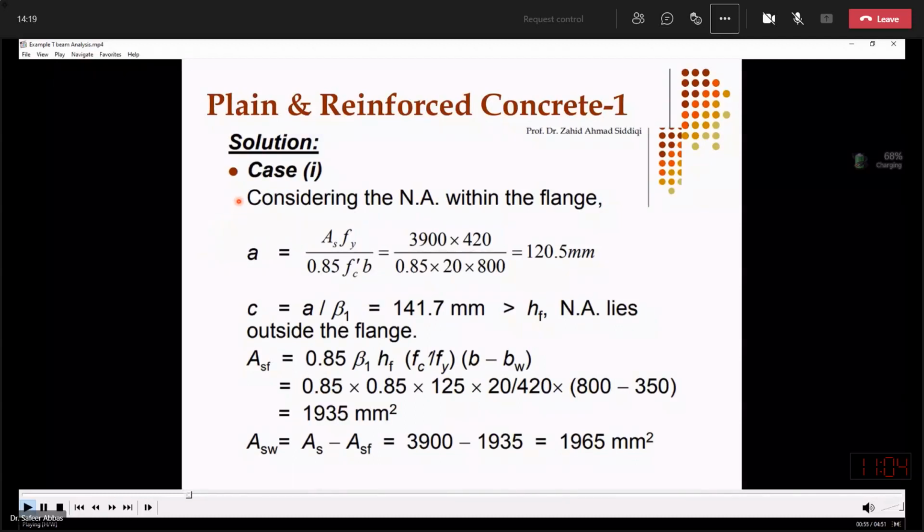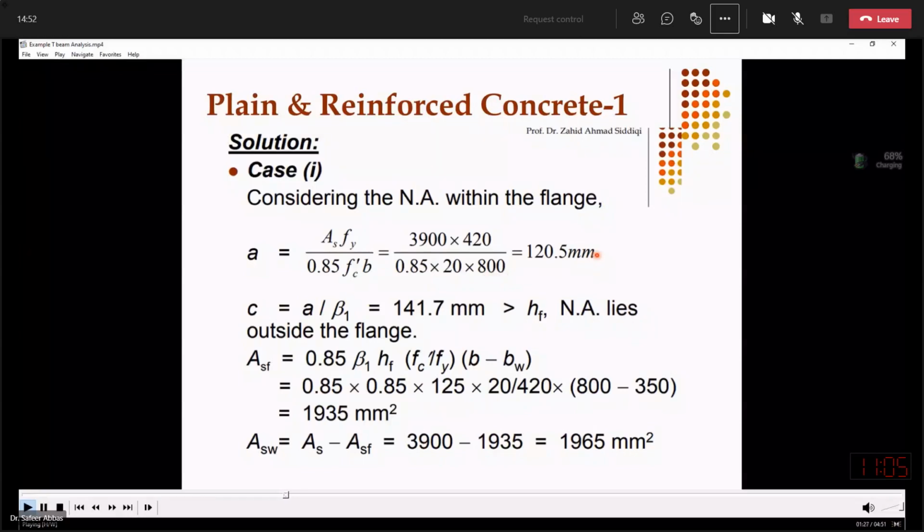First of all, for case number 1, we will start the problem assuming that the neutral axis is within the flange. So we will calculate a. a equals As fy divided by 0.85 fc' b. We plug in the values for case number 1: As is 3900, fy is 420, fc' is 20, and b is 800.